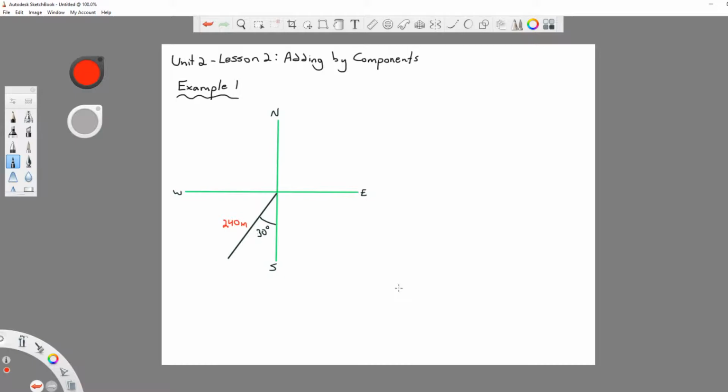Okay. Now what's the question asking for? Determine the x and y components for this vector. Well, this is our vector. You can put even a little arrow on the tip of it here. And we want to determine, well, if you're just moving in straight lines, right? If you can only move in x direction, right or left, and you can only move in y direction as your other option, up and down, how would you move to get to that spot if you started at the origin?